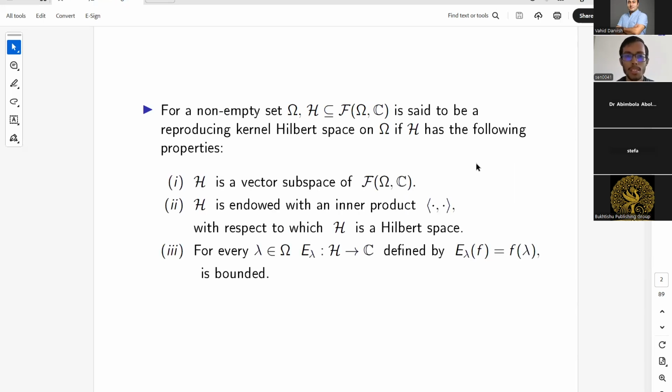First, H is a vector subspace of F(omega, C). Second, H is endowed with an inner product with respect to which H is a Hilbert space. And third, for every lambda belonging to omega, the point evaluation functional on H defined by E_lambda f = f(lambda) is bounded.